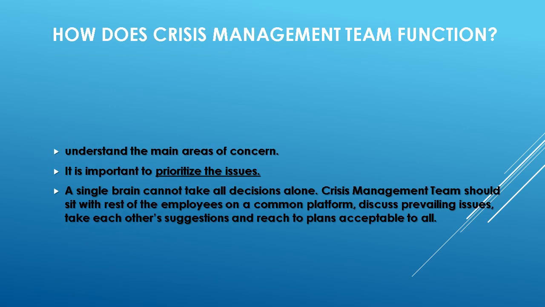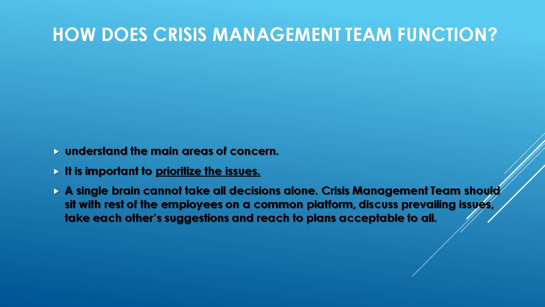Okay. Now we are going to talk about how the crisis management team functions, how they work, and what the main responsibilities or tasks are that they have to do. They should understand the main areas or fields of concern. This is the first step for the crisis management team during the emergency situation.